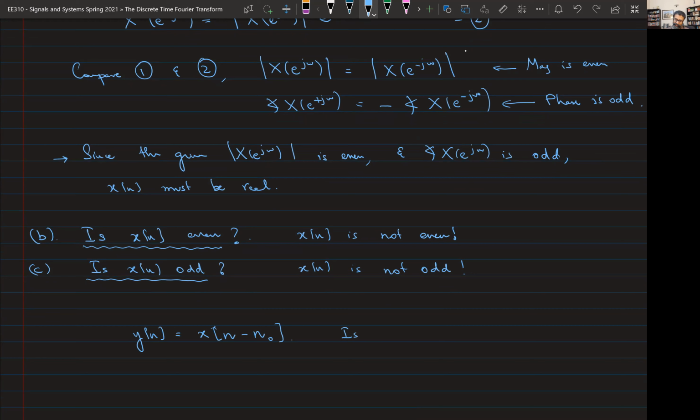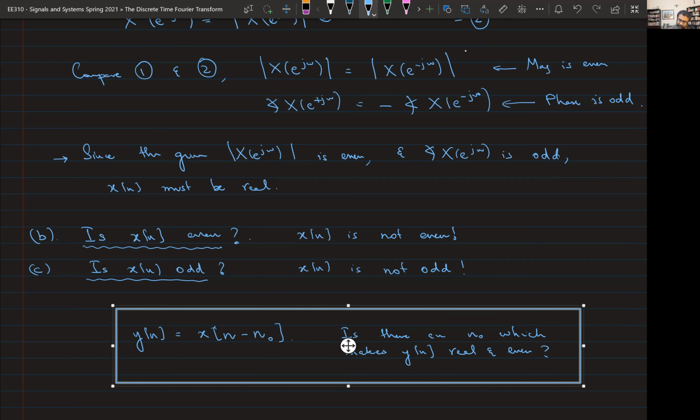So is there an n0 which makes y[n] real and even? Right, so this I can leave as an exercise. Okay, so I'm going to stop here. Time's up. Any questions about what we've done?